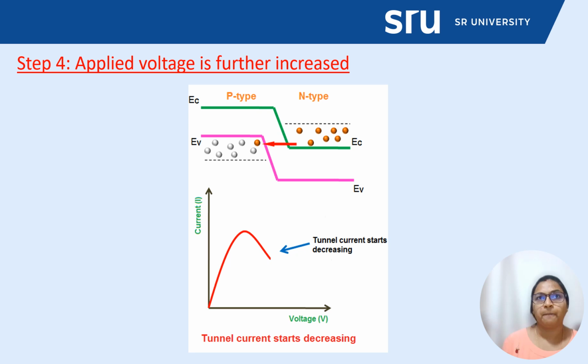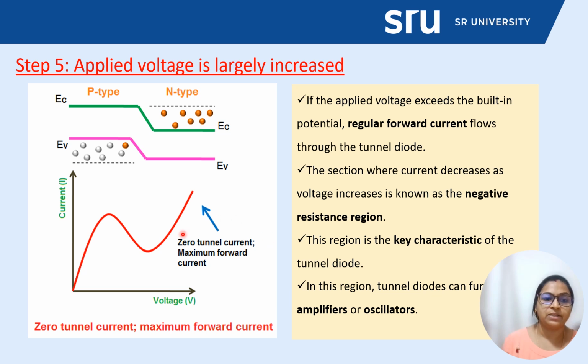Now if we apply the voltage very largely, we can see it like a graph. While we increase the voltage very largely, the tunnel current drops to 0.